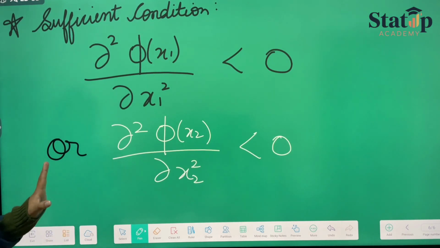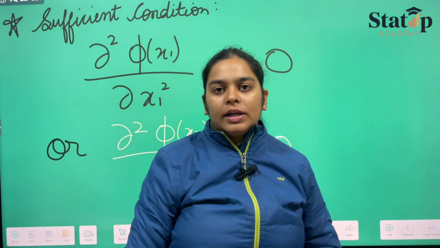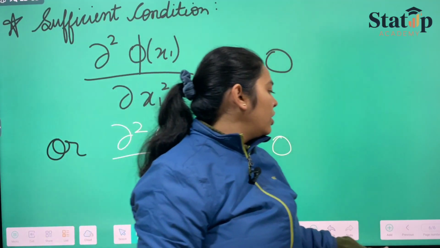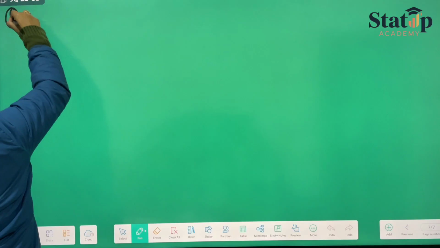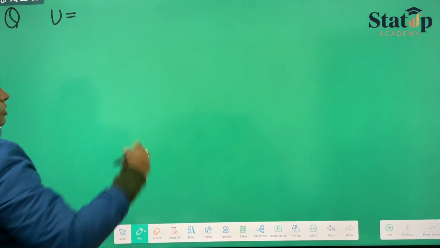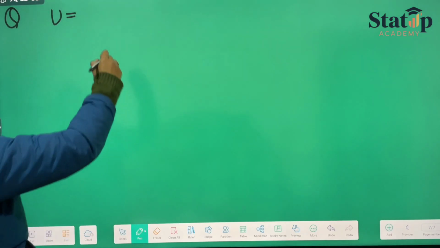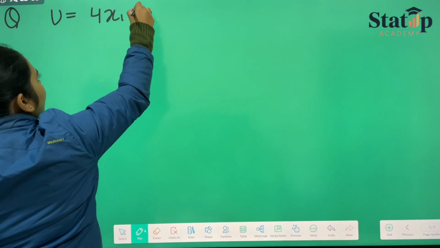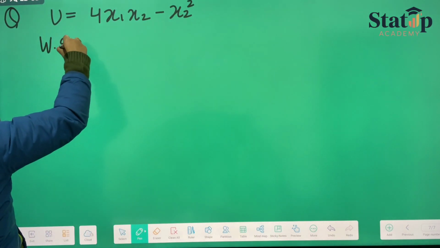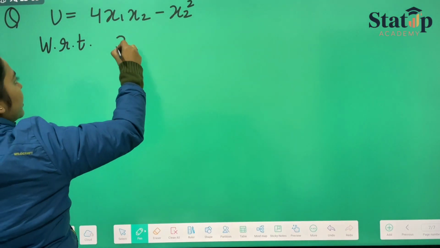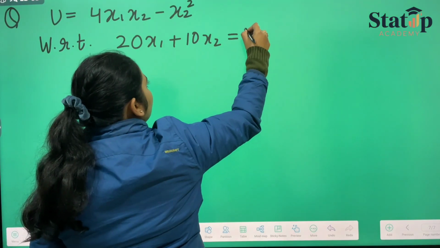Okay. So here the topic is over. We'll do one example so that we understand it more clearly. We have been given a utility function, 4x1x2 minus x2 square, with respect to the constraint of prices given as 20x1 plus 10x2 equals 60.